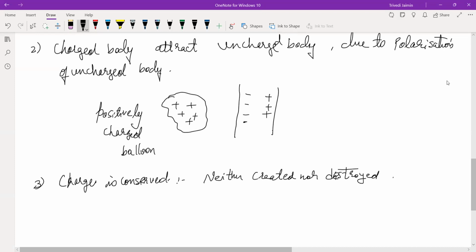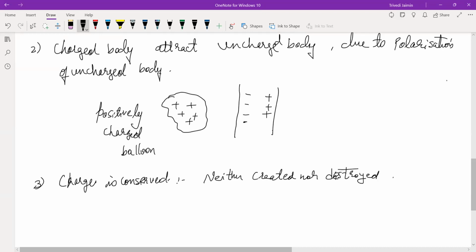Even in a nuclear reaction, there is just a transfer of charges and energies. Uranium is splitting and forming two other elements, thorium or barium, whatever it is, depending upon what reactor we are using.